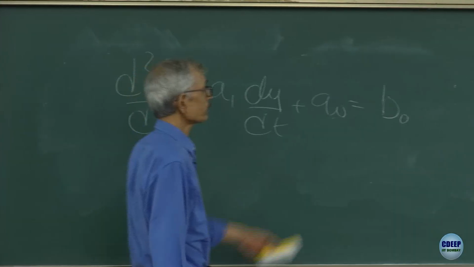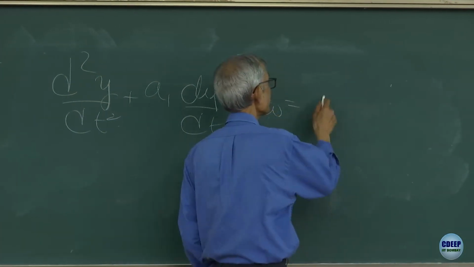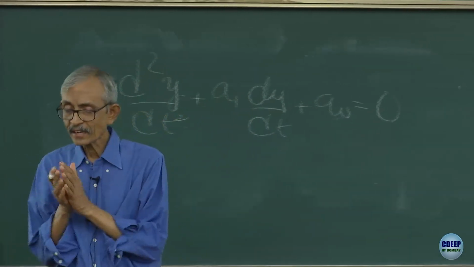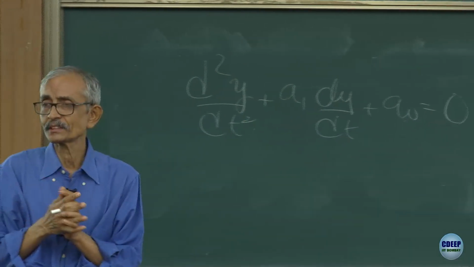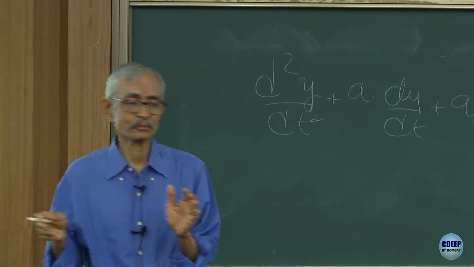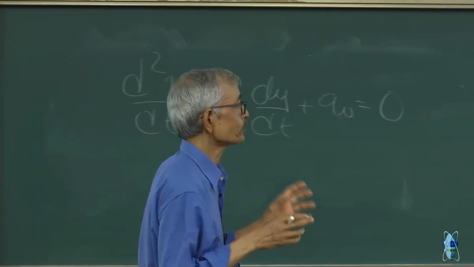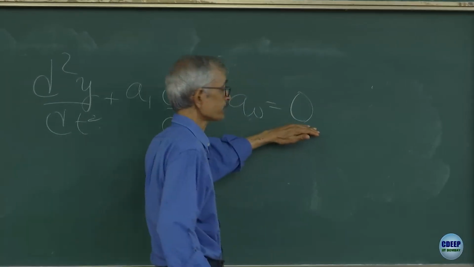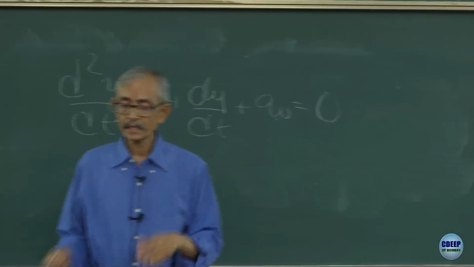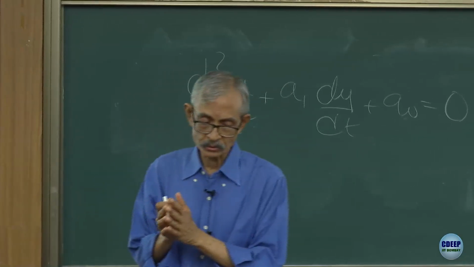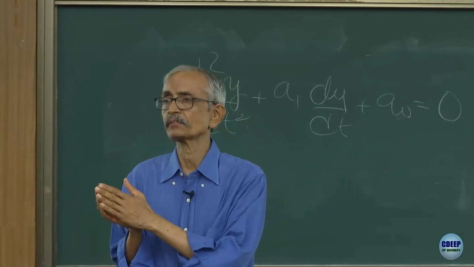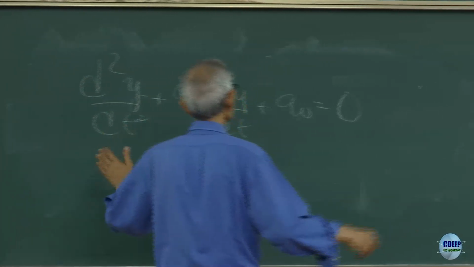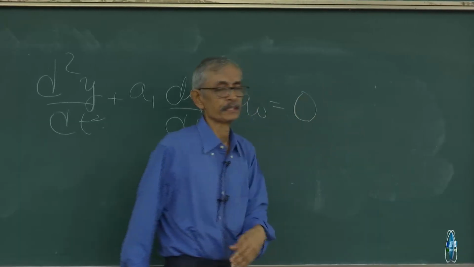And if you recall one of the earlier classes, we have said that if you have a linear equation, then the solution is going to be equal to the solution of the homogeneous part, which is the solution by putting the right hand side equal to 0, plus some kind of a particular integral, which is a solution with the right hand side in place.